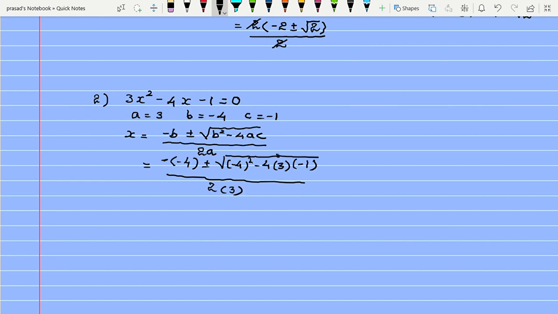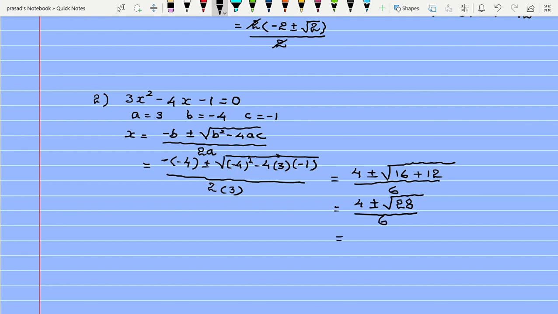So what will you get? Negative of negative 4, that is positive 4 plus or minus root, now here negative 4 whole square, that is 16, again negative 4 into negative 1, that will be positive, this sign will become positive, 4 3s are 12, upon 2 into 3, 6, that is 4 plus or minus root 28 upon 6.